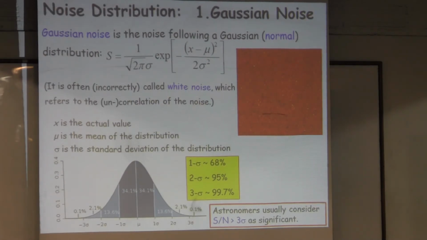And one is Gaussian noise. Of course, you've seen the Gauss function before, and Gaussian noise simply means that the noise is distributed according to this Gauss function here.